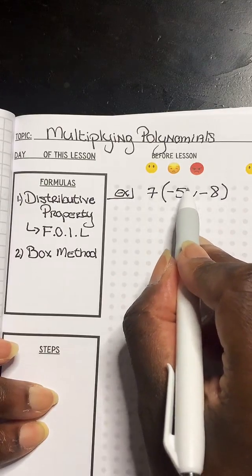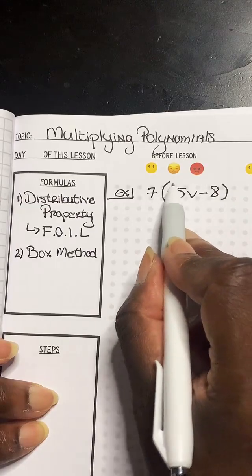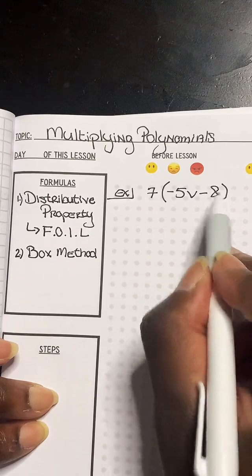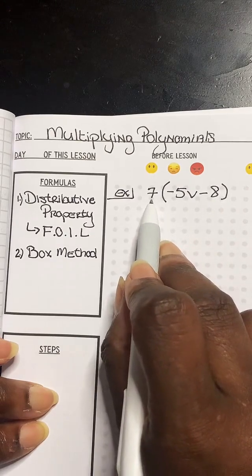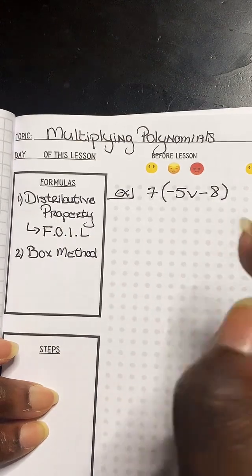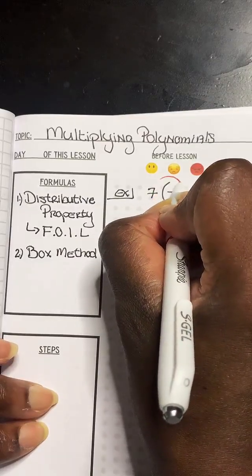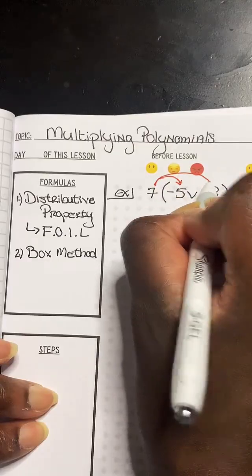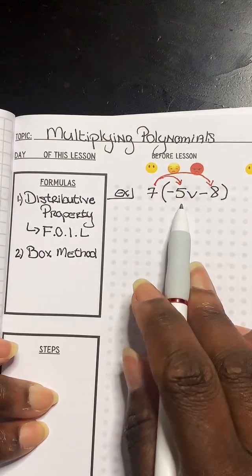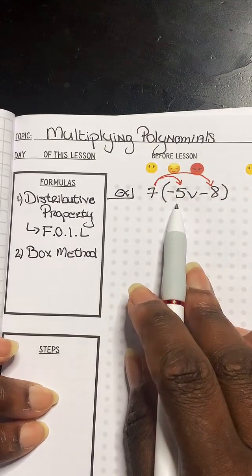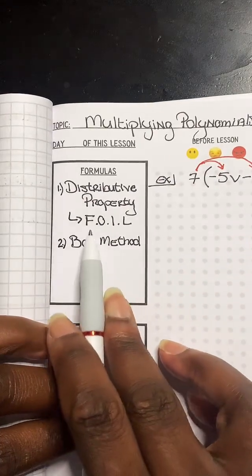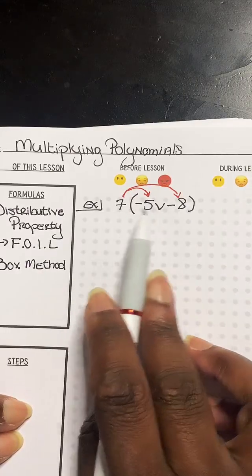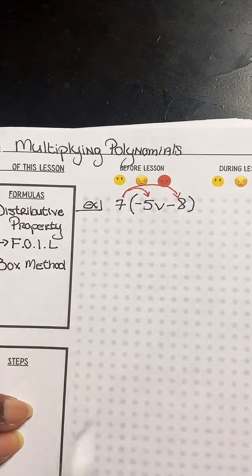There are two terms: this negative 5v is a term, and the 8 is a term. So we have a monomial multiplying a binomial. All we're going to do is the distributive property. So we're going to distribute and multiply. We're not foiling, because foiling deals with 4 letters, okay? We're only distributing that 7 to everything inside the parenthesis.